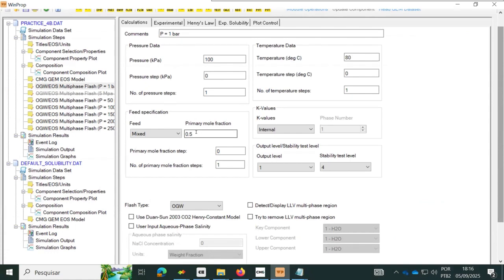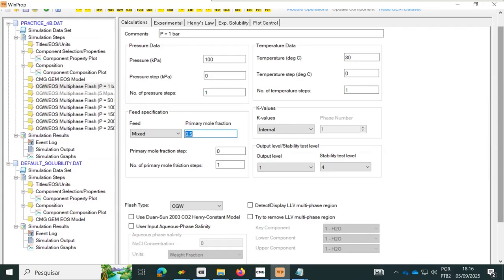Is it the standard of 0.5, so we have 50% water and 50% hydrogen? Yeah, it's an initial gas. We require you to give an initial gas to try the amount of hydrogen that can go into the aqueous solution. Okay, just initial gas. They require you to input something, and I always use 0.5.